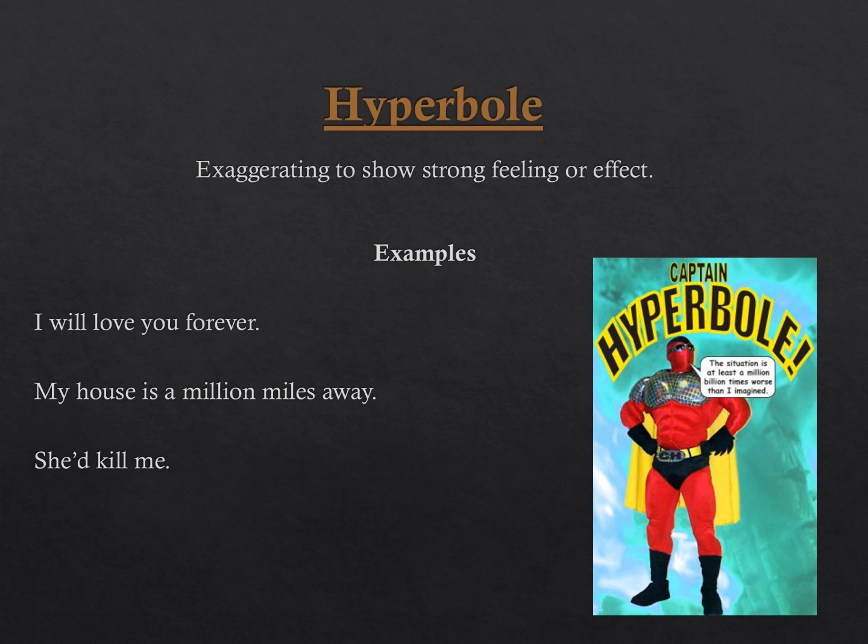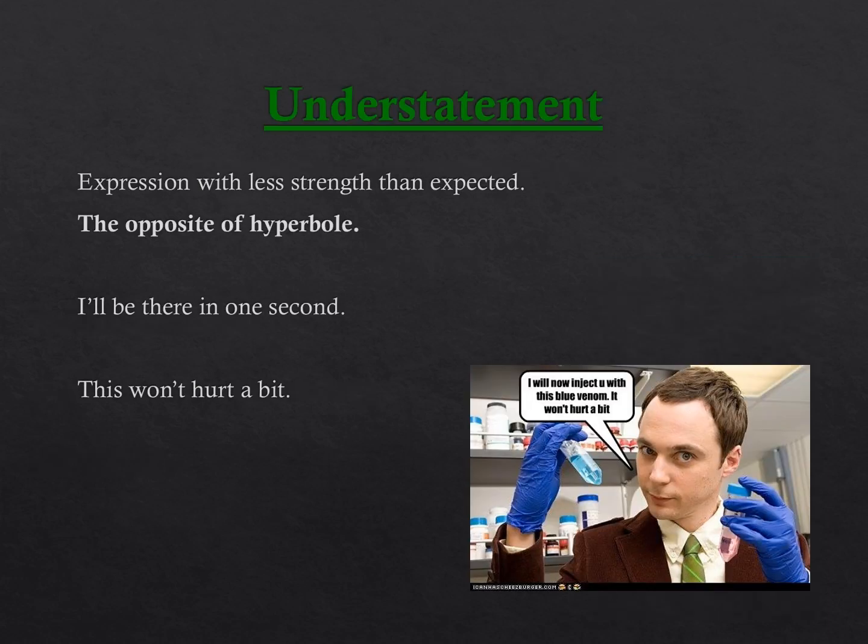My house is a million miles away. That means that the house is really far, right? And she'd kill me. That does not literally mean that the person will kill you, but she'd do anything for you, for that matter.